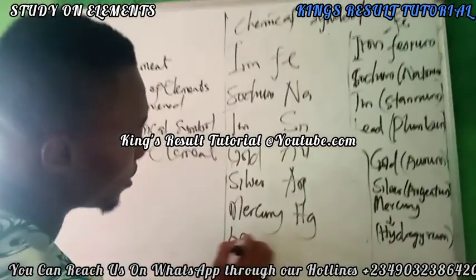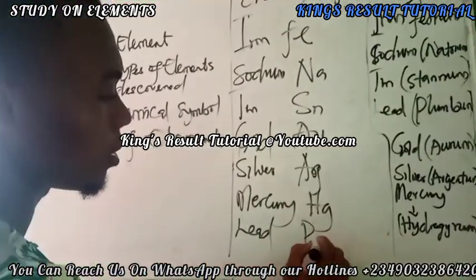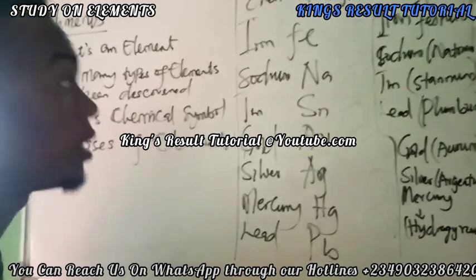Then we have lead, which is plumbium, we call it Pb as the symbol.